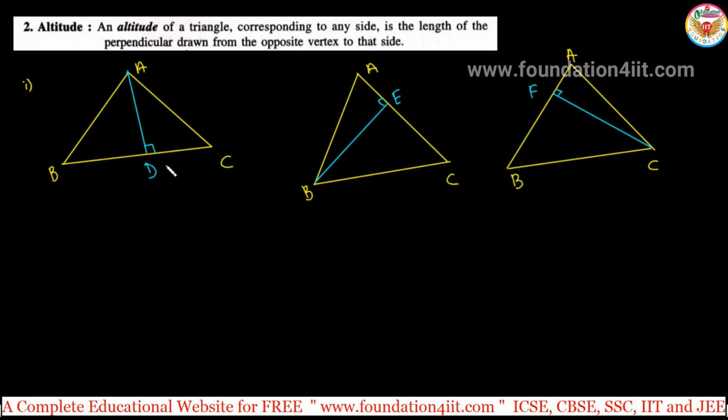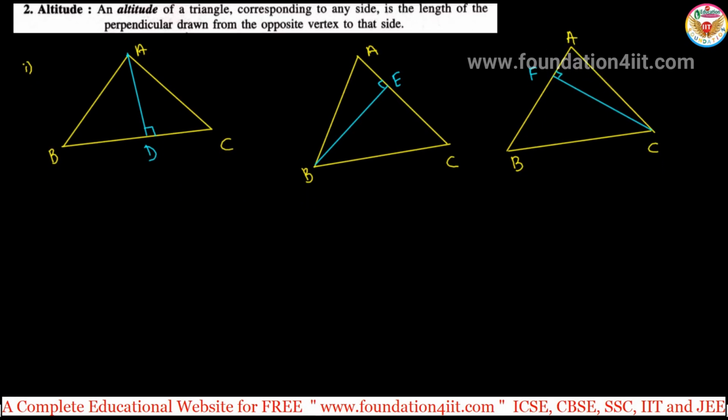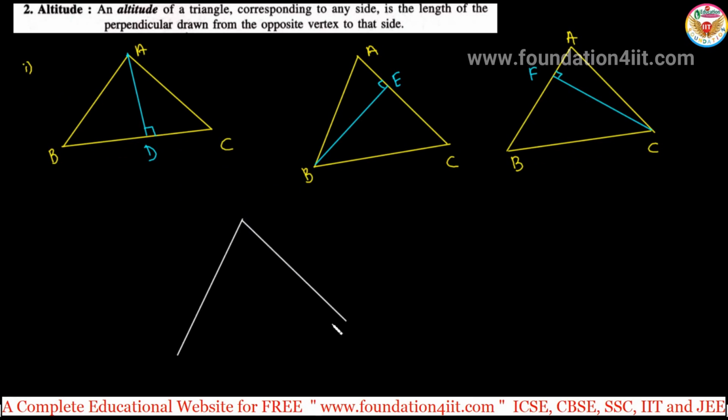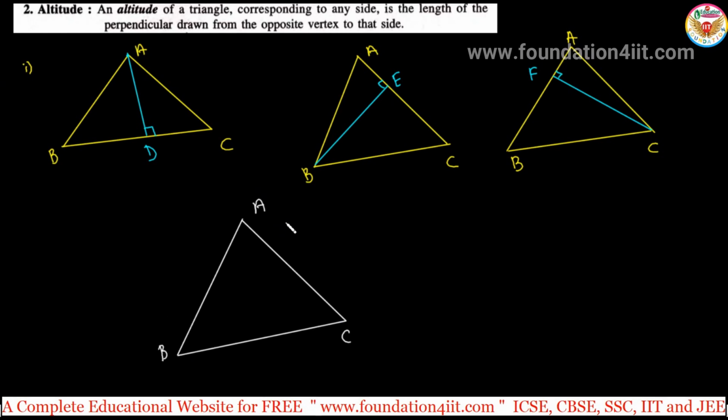Now these three altitudes also intersect at one point, which is called the orthocenter. Let me show you the diagram. Let us take one triangle and draw three altitudes. Say A, B, C. As per the rule, from vertex A we draw a perpendicular line to the opposite side, 90 degrees.